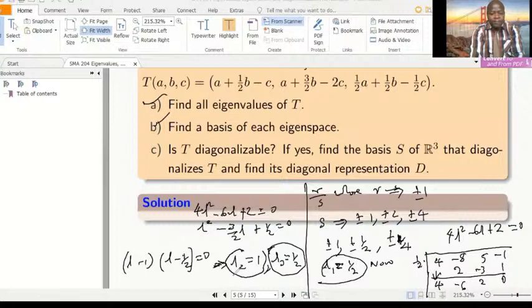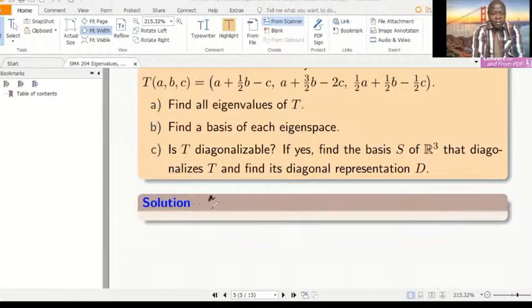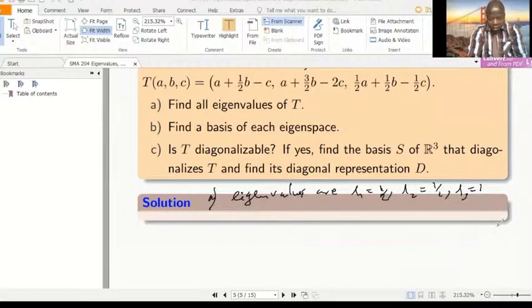These are the eigenvalues, and that is the answer to question A. So for question A, the eigenvalues are lambda 1 is a half, lambda 2 is also a half, and lambda 3 is 1. Don't worry about the interchanging of those lambdas; any lambda 1 and any lambda 2 and so on, there's no problem.